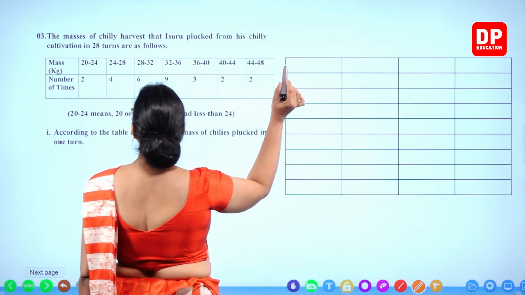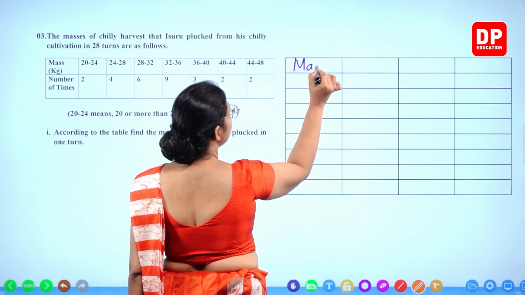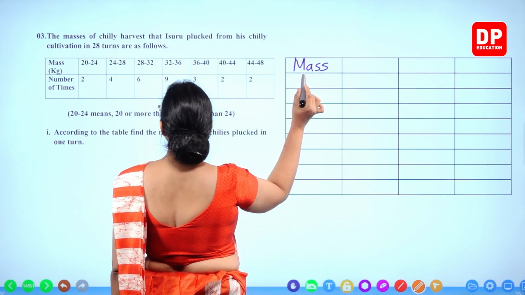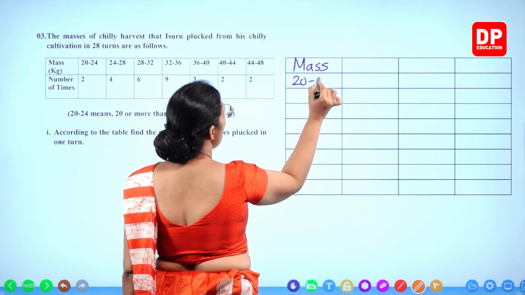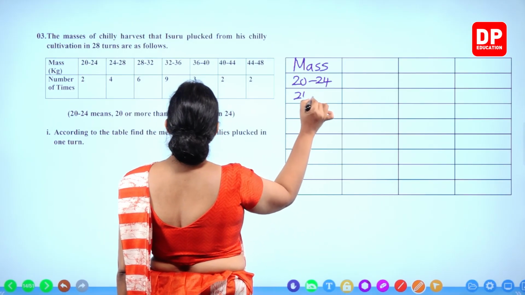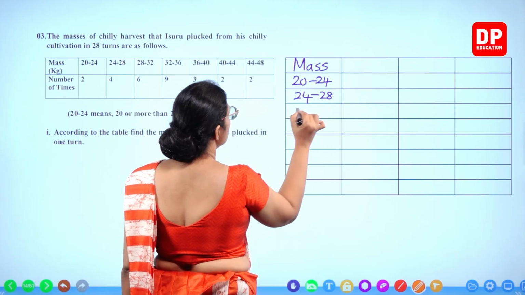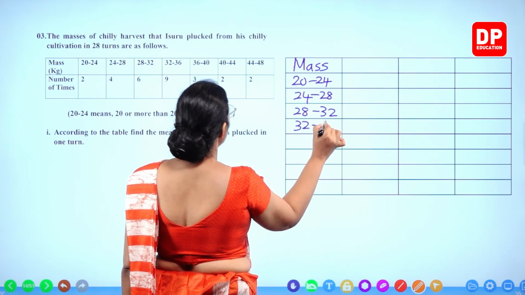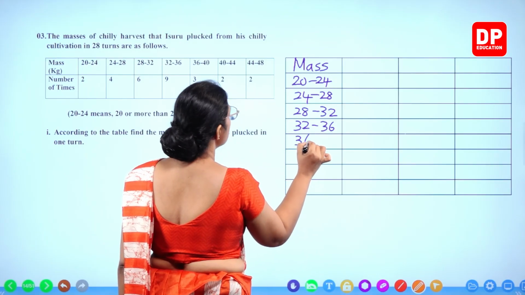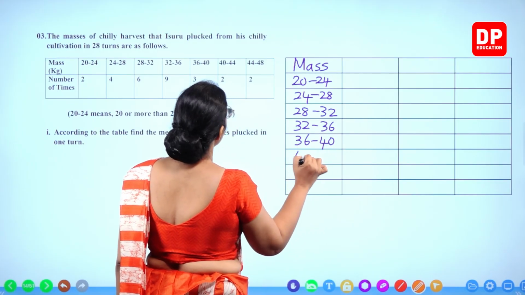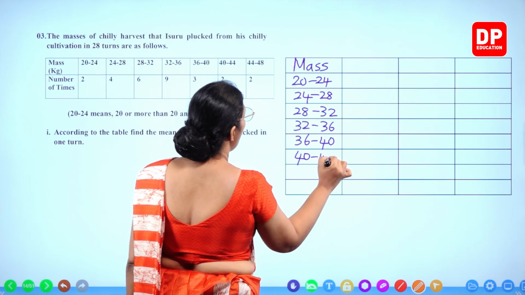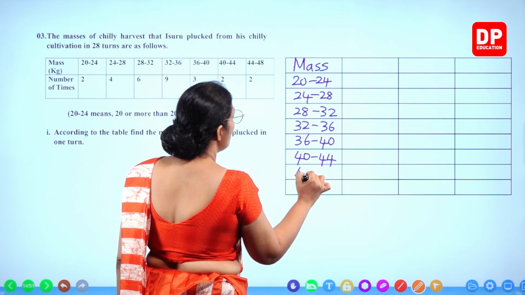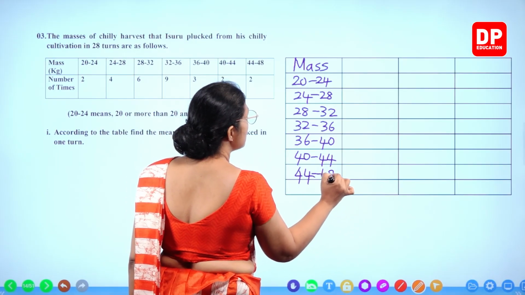So intervals. So that's masses. What are the intervals? 20 to 24, 24 to 28, 28 to 32, 32 to 36, 36 to 40, 40 to 44, 44 to 48.